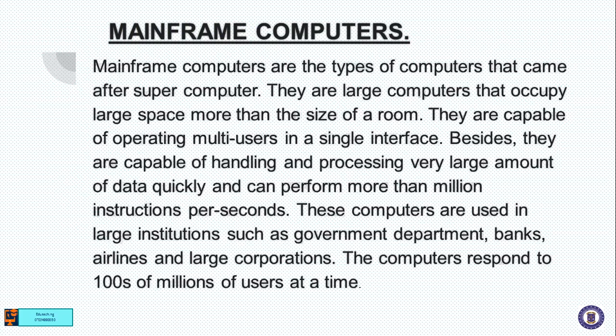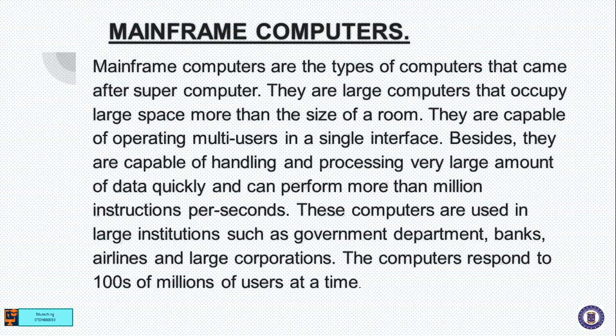Now, from this note, we have seen that mainframe computers are the types of computer that came after the supercomputer. Now, I told you that we have 3 classes or classification of computer based on their size and their design.